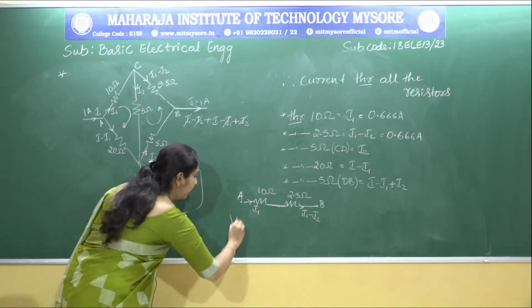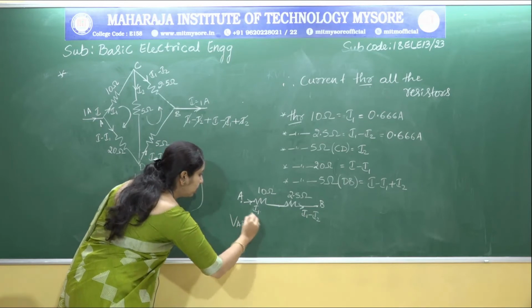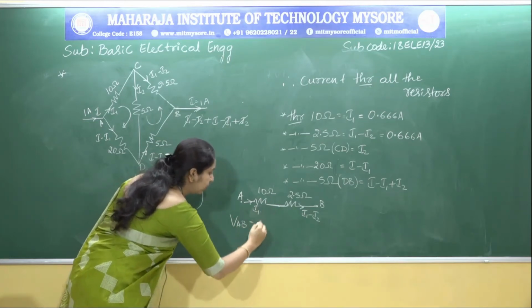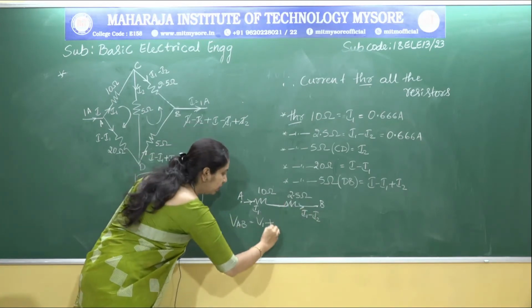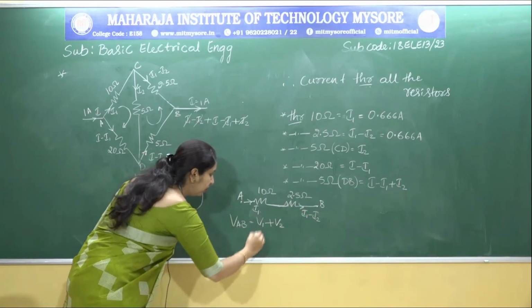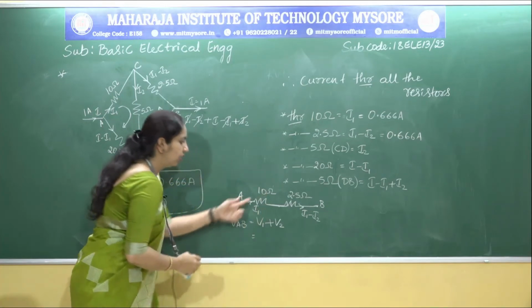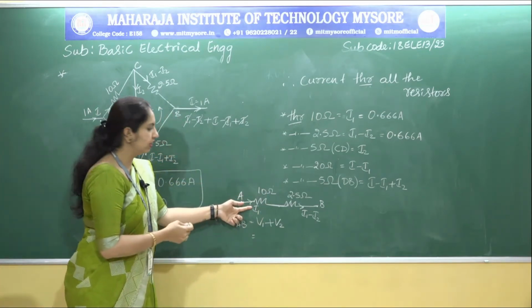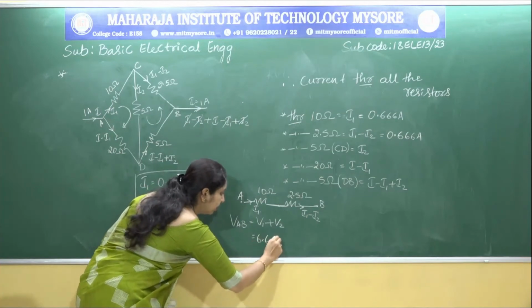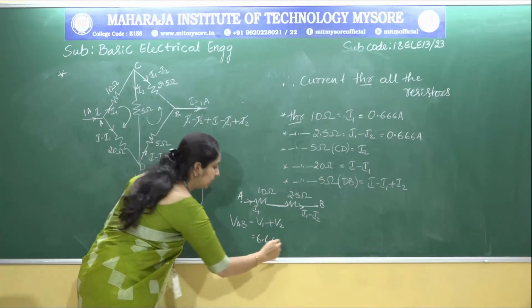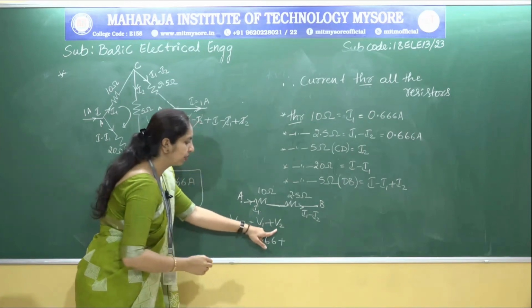So now we get VAB as follows. Let us consider the voltage across this point as V1, and the voltage across this point as V2. So we get V1 as 10 into 0.666 amperes, which is 6.666, plus V2.